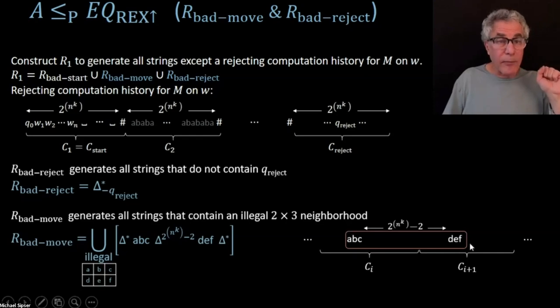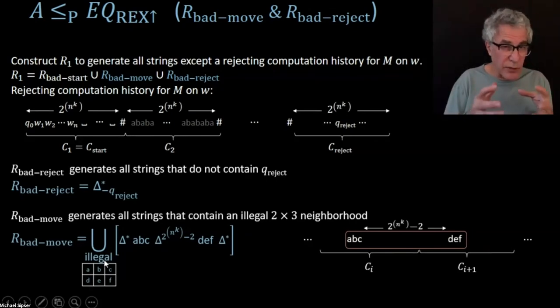We know exactly how far apart the bottom of the 2x3 neighborhood is from the top of the 2x3 neighborhood. So we're going to take a union over all illegal 2x3 neighborhood settings, I should say. And there's only a fixed number of those, for the same reason that we had in the Cook-Levin theorem. There's a fixed number of those depending upon the machine.